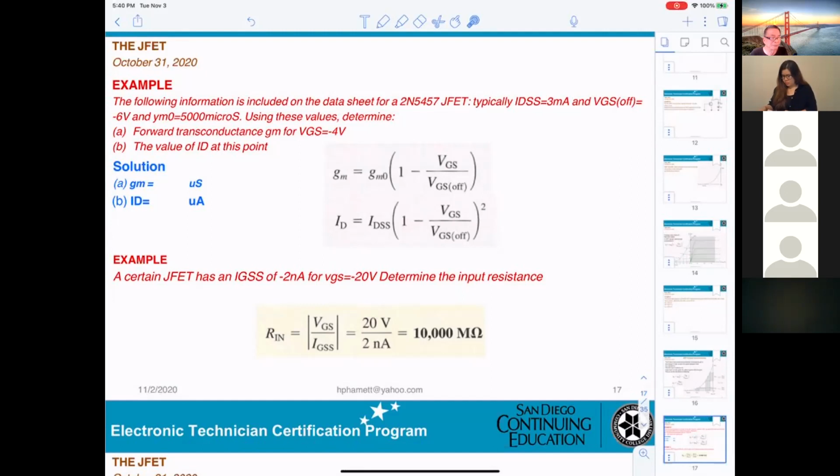Use this value to calculate gm and the value of the ID at this point. Go ahead and calculate, tell me what you get. What is gm0? That's just gm0. Oh, it's gm0. Okay.